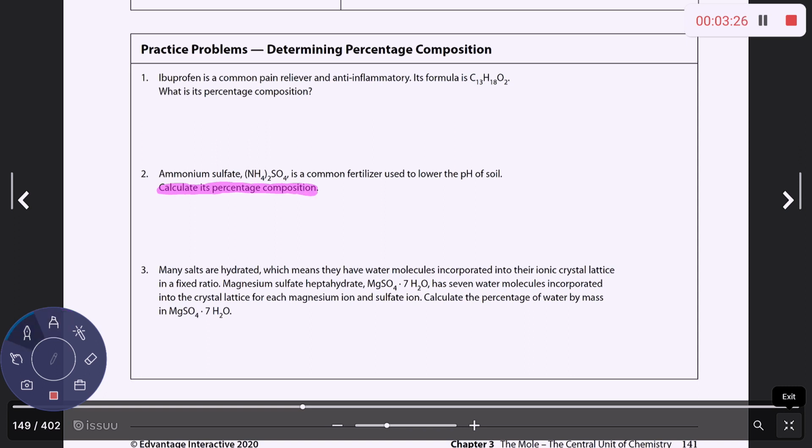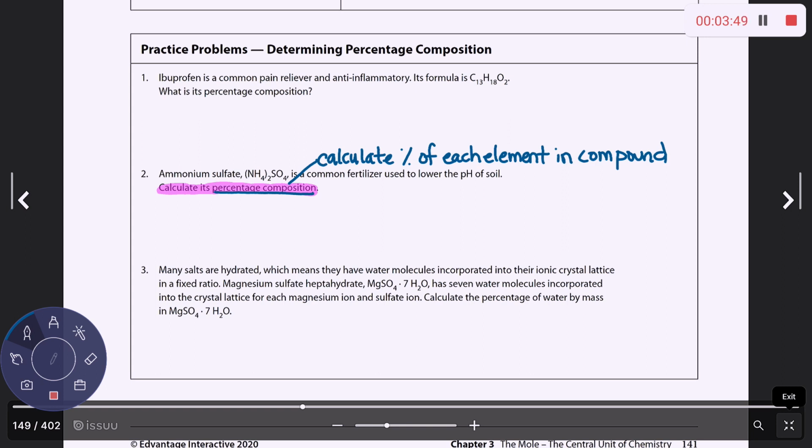So anytime they're asking you to calculate the percent composition, you will calculate the percent of each element in the compound. And sometimes they may ask you to calculate the percent of a particular element, and that's fine. You just have to do that.